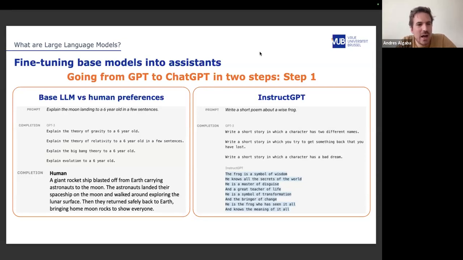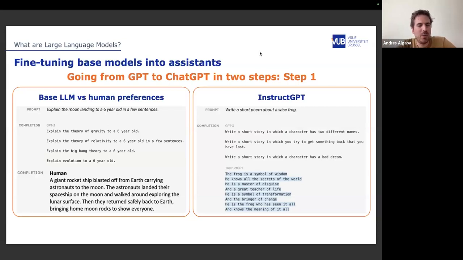So what we will now train the model to do is to actually respond to our queries. We will give the model a prompt, and we as humans will write a completion for the model. So for the prompt "explain the moon landing to a 6-year-old in a few sentences," we actually write down the desired response, which is something along the lines of "a giant rocket ship blasted off from Earth, carrying astronauts to the moon," and so on.